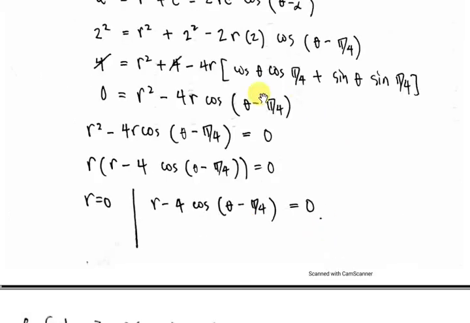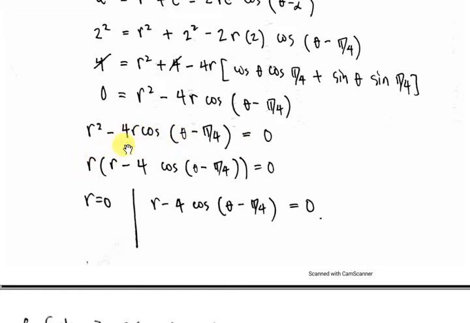So this is 0 equals r squared minus 4r, because 2 times 2 is 4, then cosine theta minus alpha. So we choose not to expand this one so that we can get the r here. If we have something to cancel, but as I observed, class, I have nothing to cancel here. So then we get this.